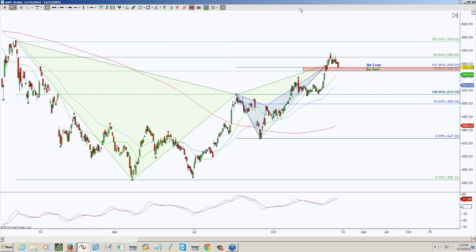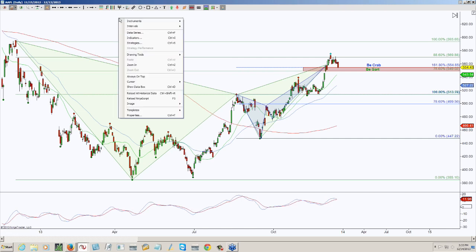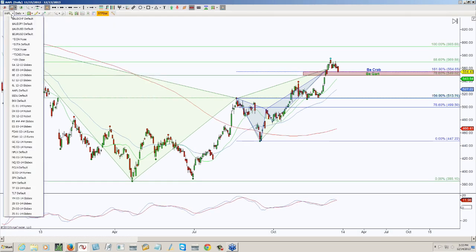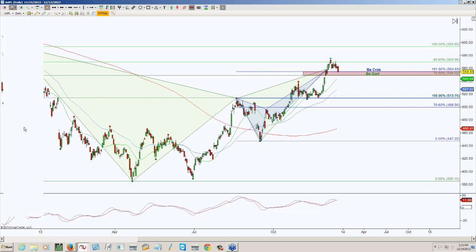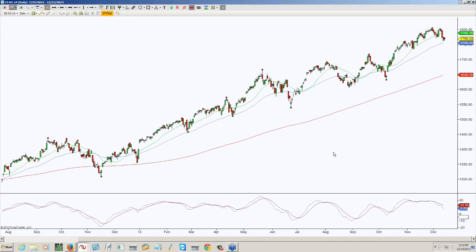What would you like to look at? ES doesn't really have any harmonic patterns right now, but it's forming one, other than ABCDs.